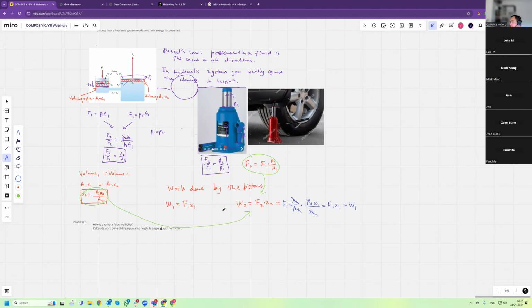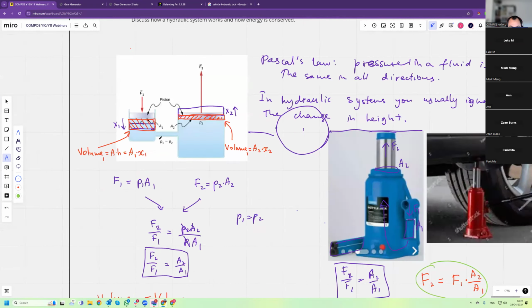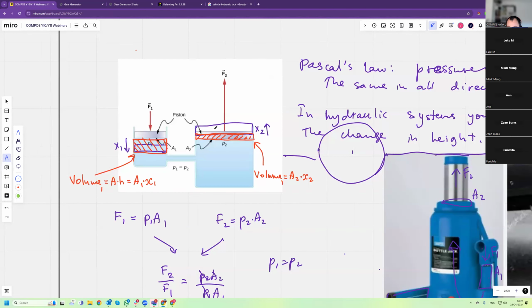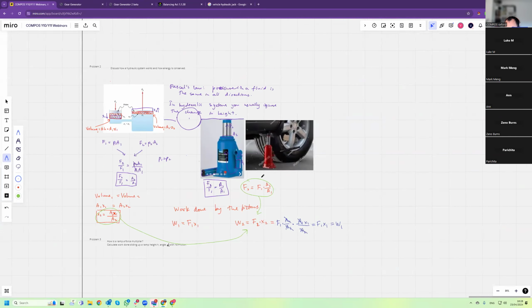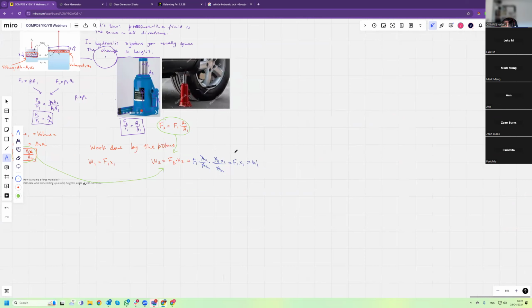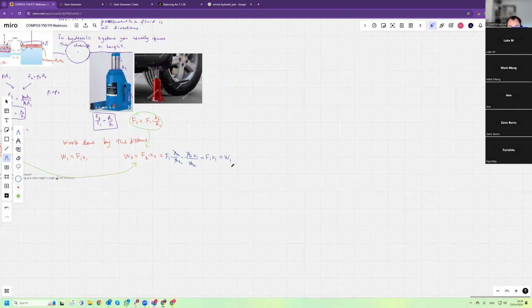Does that make sense? So you're using a smaller force to get a bigger force, but this piston moves less than this piston. And even though you have a much larger force, the amount of energy or work that is transferred is the same.